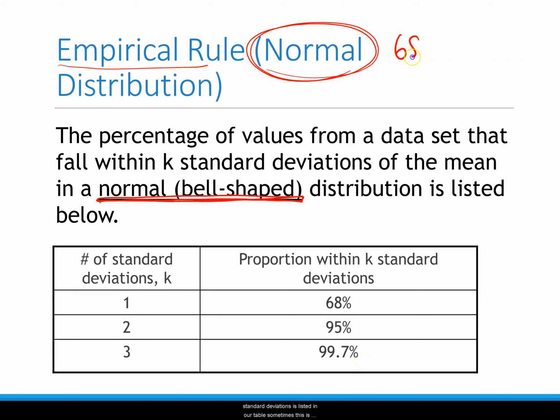Sometimes this is also called the 68, 95, 99.7 rule because it indicates these very proportions within k standard deviations. So 1 standard deviation, 2 standard deviations, or 3 standard deviations. If we have a normal distribution, 99.7% of our data will fall within 3 standard deviations of our mean.